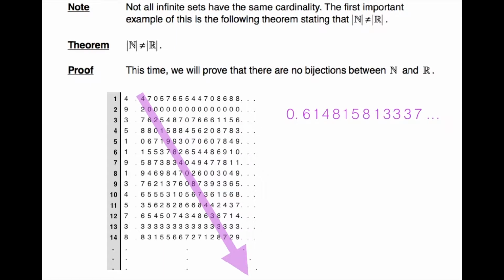That was not on my list, so it was left over from this set R, and therefore I cannot build a bijection, because this diagonal argument will work every time someone comes up and says, here's a bijection. You can build an example of a number that's not on the list.